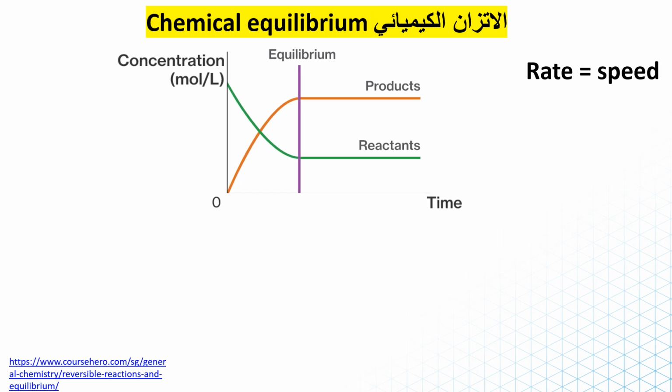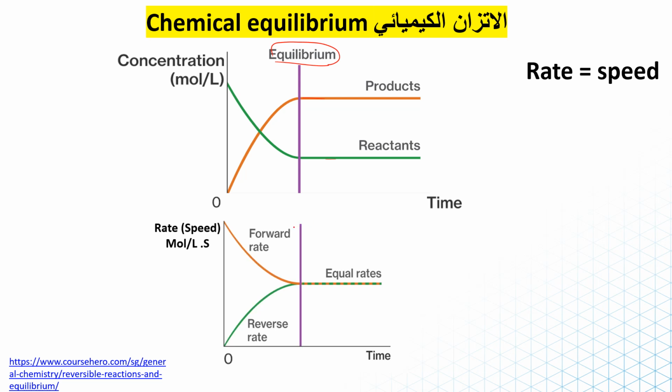Okay. So we can look at it. This is just another graph. صورة ثانية تشرح لنا الوضع. إنه the reactants are decreasing and the products are increasing until a point where both will stop to change. At this point, this is equilibrium. Now, this is looking at the concentrations and time.